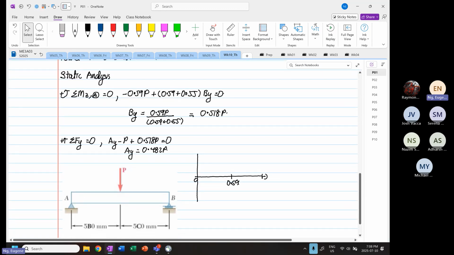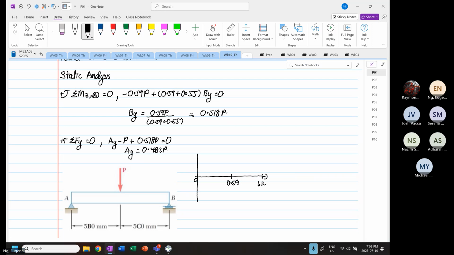And then this is our V. So we have 0.482 P. Then it comes down over here, and then it runs horizontal here. So this is equal to 0.518 P. We know that 0.518 P is greater than 0.482 P.